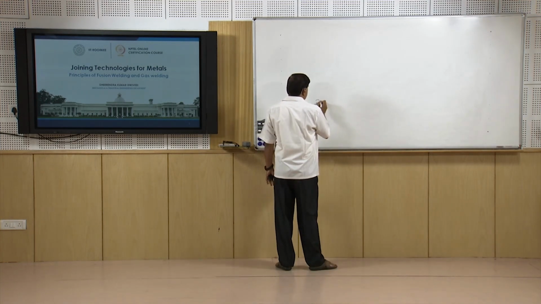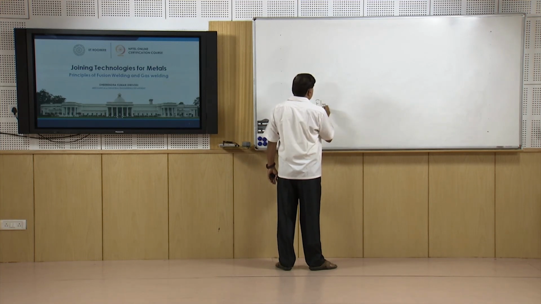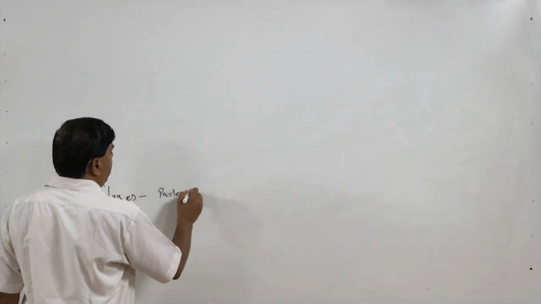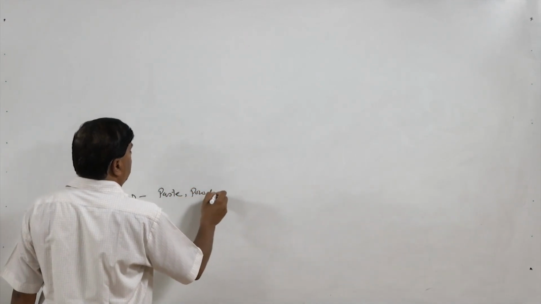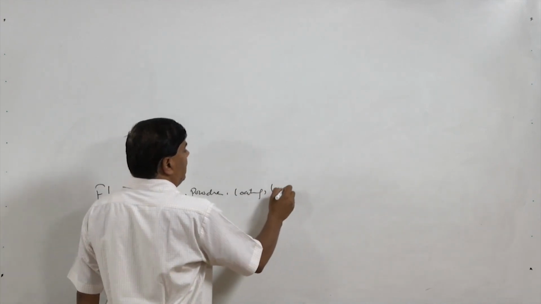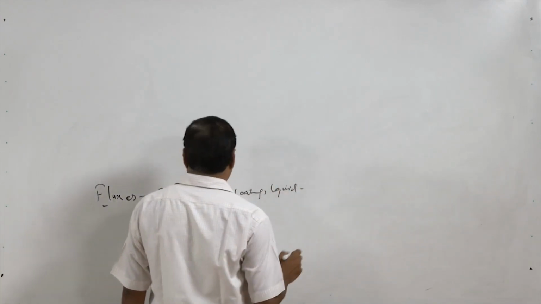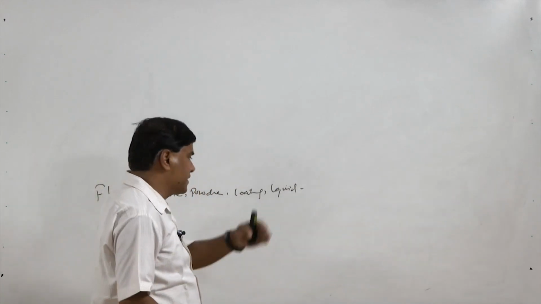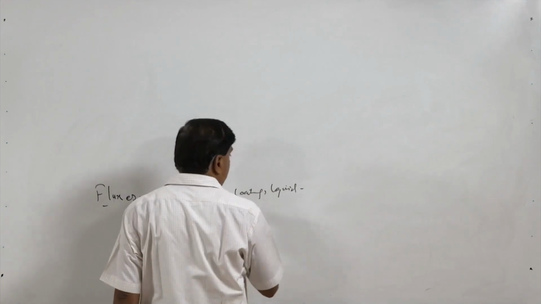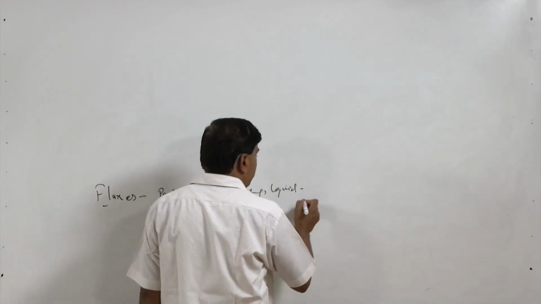Therefore, to take care of these impurities, fluxes in the form of paste, powder, solid coatings or liquid are applied over the faying surfaces before applying heat.